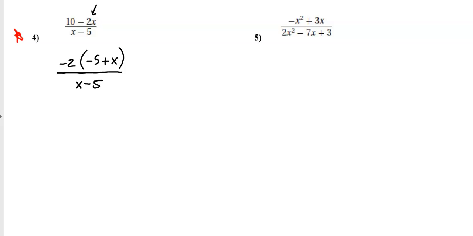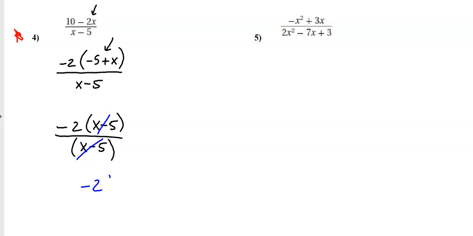It may not look like you can do anything right here, but if I rewrite this top expression, I can rewrite that as x minus 5. So I end up with negative 2 times x minus 5, and then the bottom, x minus 5. And I get a little cancellation there. We get a final answer of just 2.